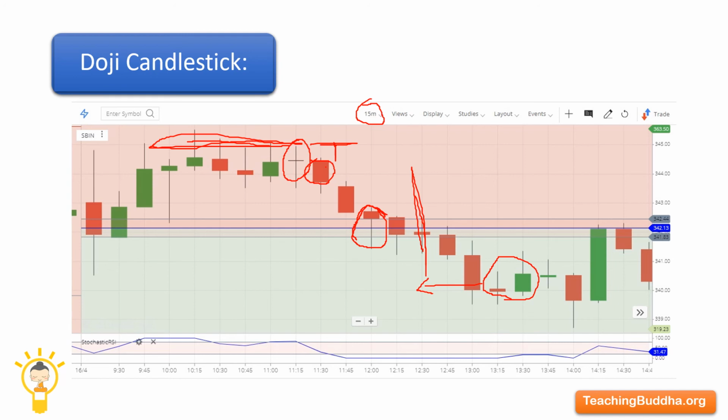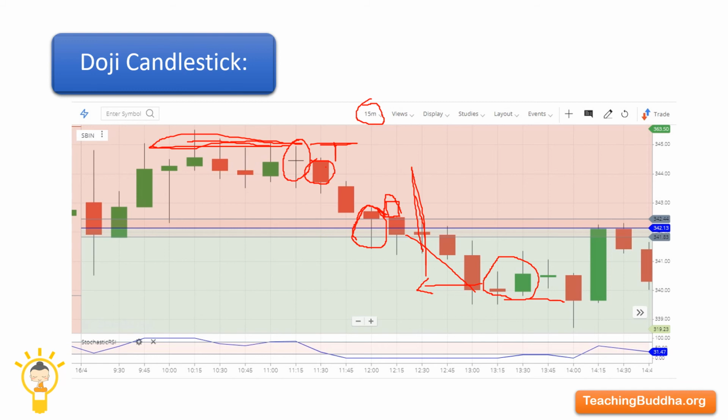Profit would be around one and a half rupee. But you can hold your position here because after this candlestick, there is no bullish candle. There is no confirmation candle here. So this candle has failed and then the trend continued to go downwards. So you exit position here.